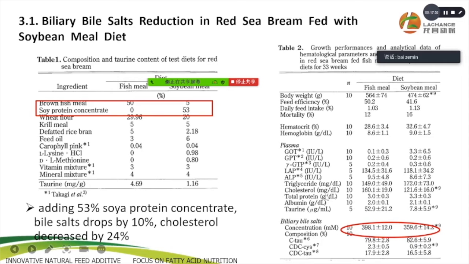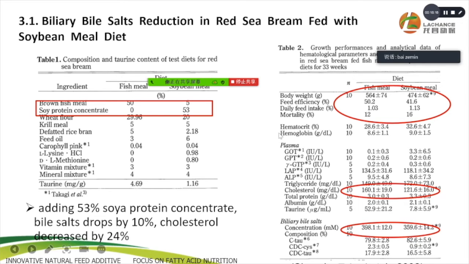And we also got the result on the concentration of bile salt, which decreased by 10%. And for cholesterol, as we all know, plant protein is short of cholesterol, so that's why cholesterol dropped by almost 24%.